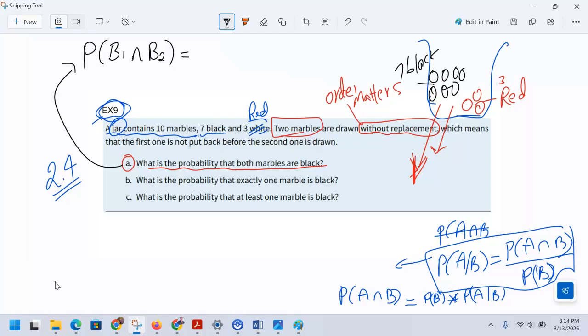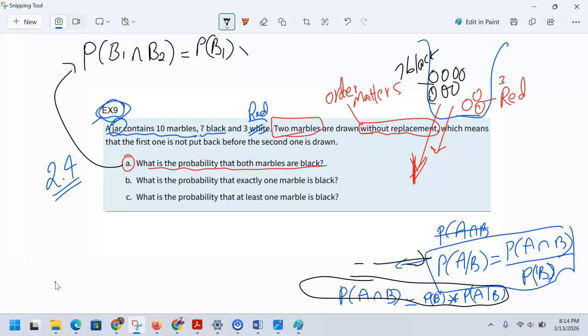Now we can use our regular formula, the multiplication rule of probability, which says the probability that the first one is black times the probability that the second one is black when you already know the first one is black.